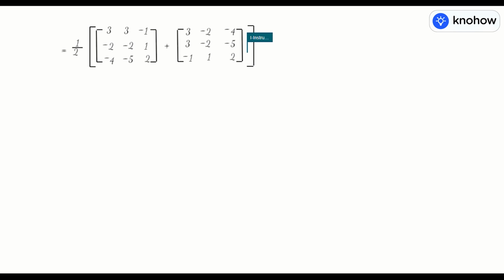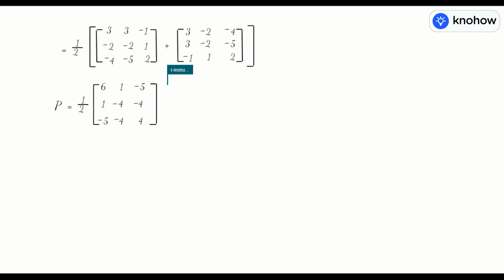So we get P equal to half A plus A dash. Just add the 2. So you get P equal to, by adding the 2, 3 plus 3 gives you 6, and 3 minus 2 gives you 1, and minus 1 minus 4 is minus 5, and likewise you add the other elements. Let me check it again.